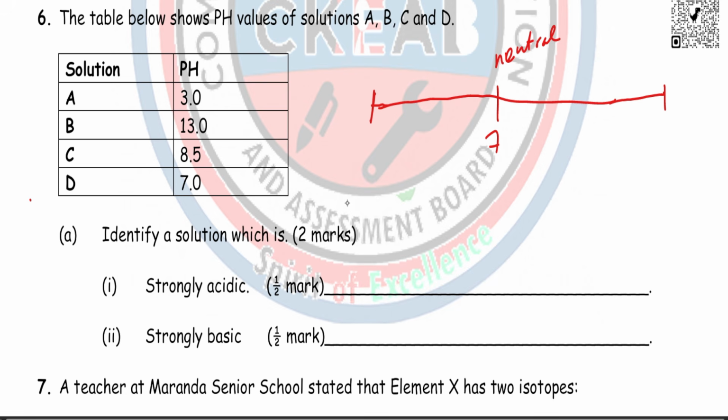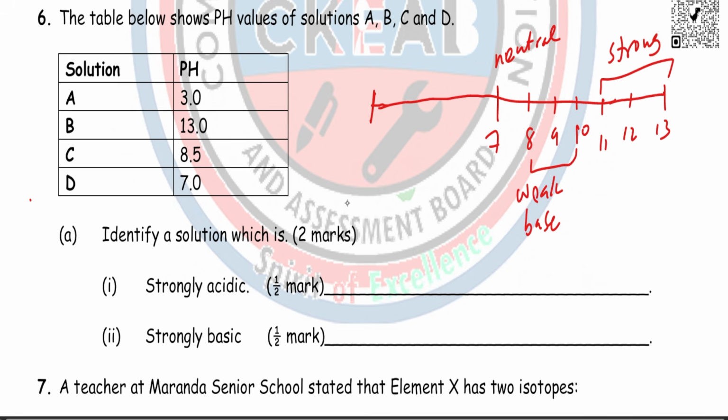Anything above 7 is usually basic. So from 8 to 10, most of it is a weak base. But if you go from 11 to maybe 13, it is usually a strong base. Anything below 7 is usually acidic.